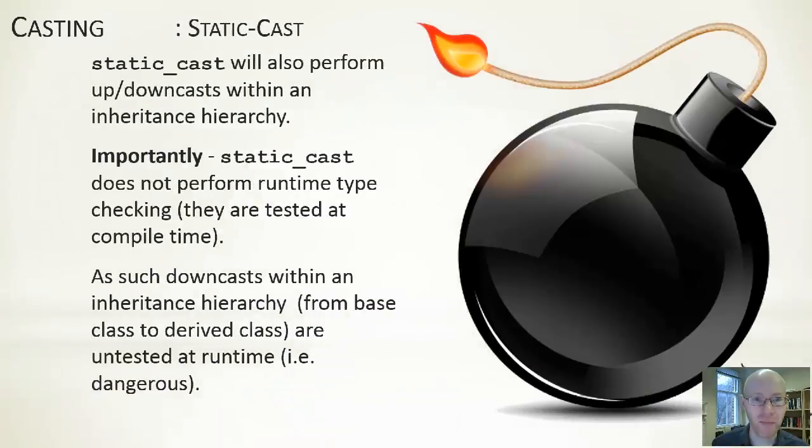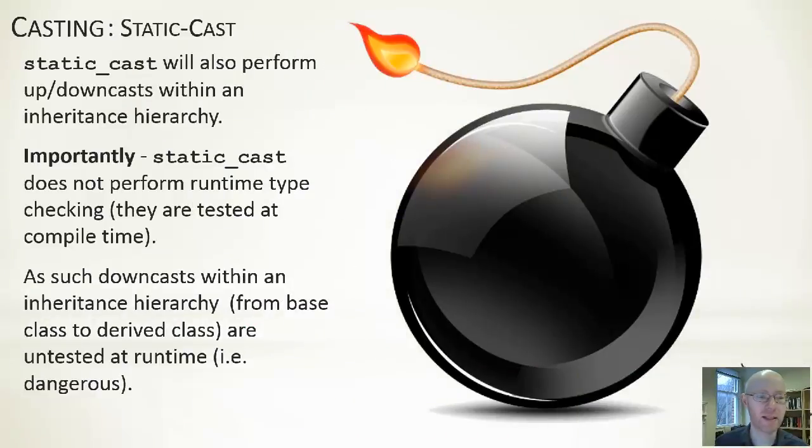One thing to be cautious about is that you can use static cast for doing an up or down cast within a class hierarchy. So if you have a base class and a more refined class within it, you can use that for casting up and down. But it is a compile time cast, it's not a runtime cast.